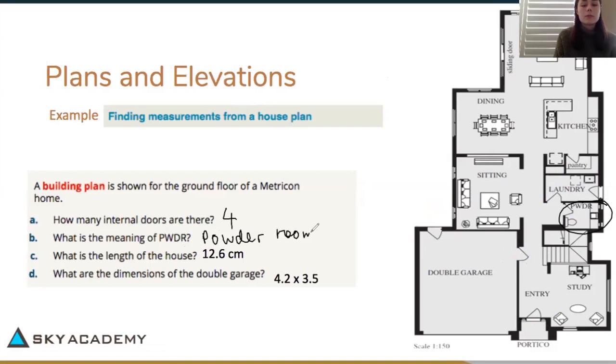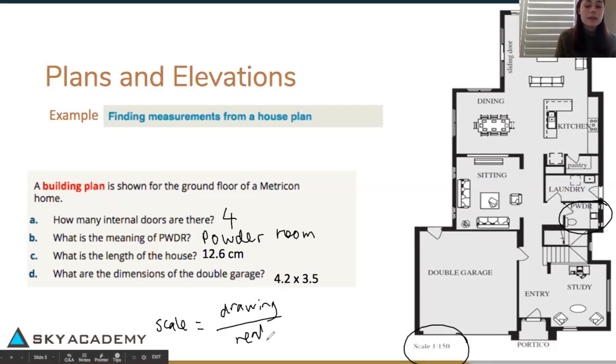What is the length of the house? So we know I measured it in centimeters from here to here, would be 12.6. And if we are to find the real length of the house, we can use the scale that they gave us down here, which is 1 to 150. And so what we're going to do is we're going to use our formula, which is scale over drawing length over real life length. And so the scale is 1 over 150, or 1 to 150.